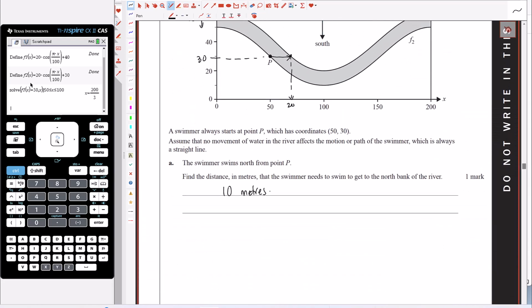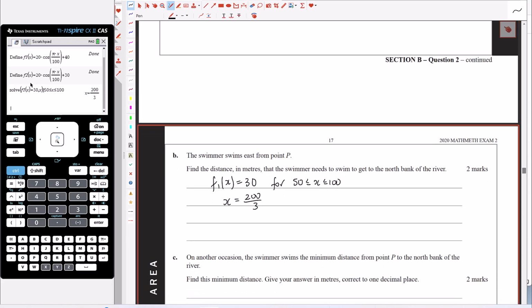So the distance swum is going to be the difference between 50 and that. So the distance swum is 200 on 3 minus 50, which is going to be 50 on 3 meters. It doesn't tell me to give a rounded decimal answer, so I'm going to leave that nice and exactly.